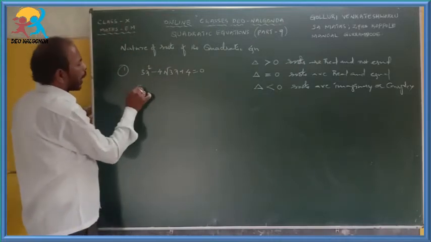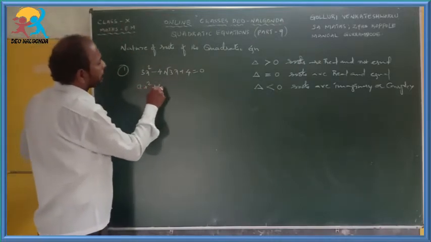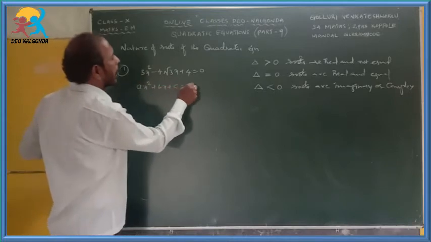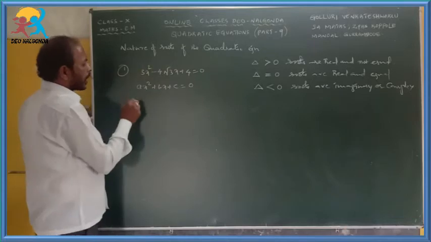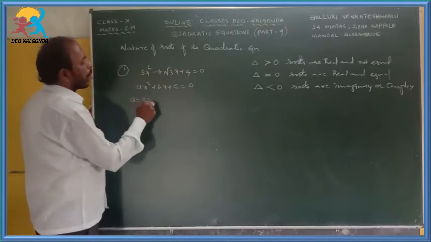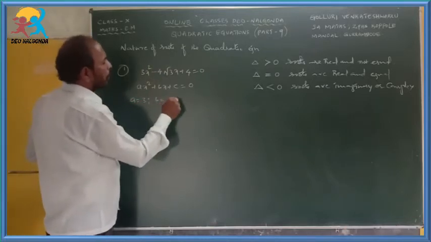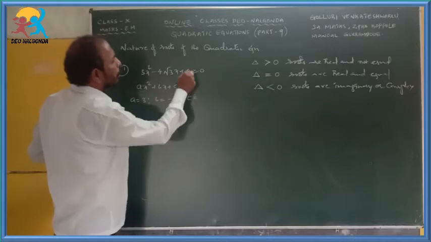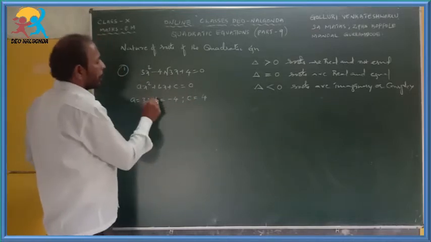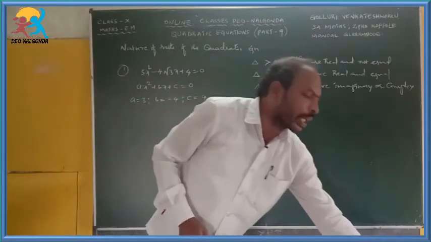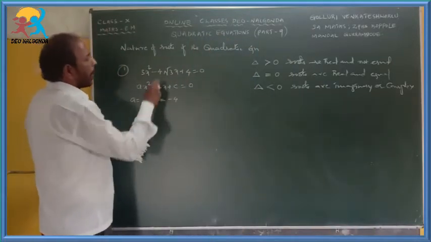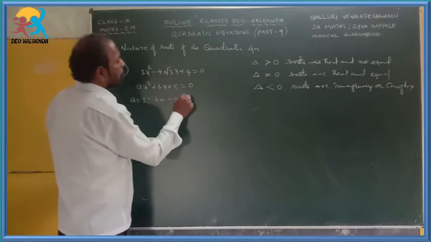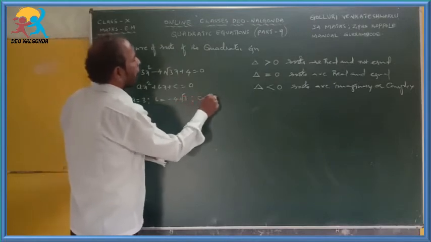Comparing with ax square plus bx plus c is equal to 0, the standard form of a quadratic equation, a is equal to 3, b is equal to minus 4 root 3, and c is equal to 4.